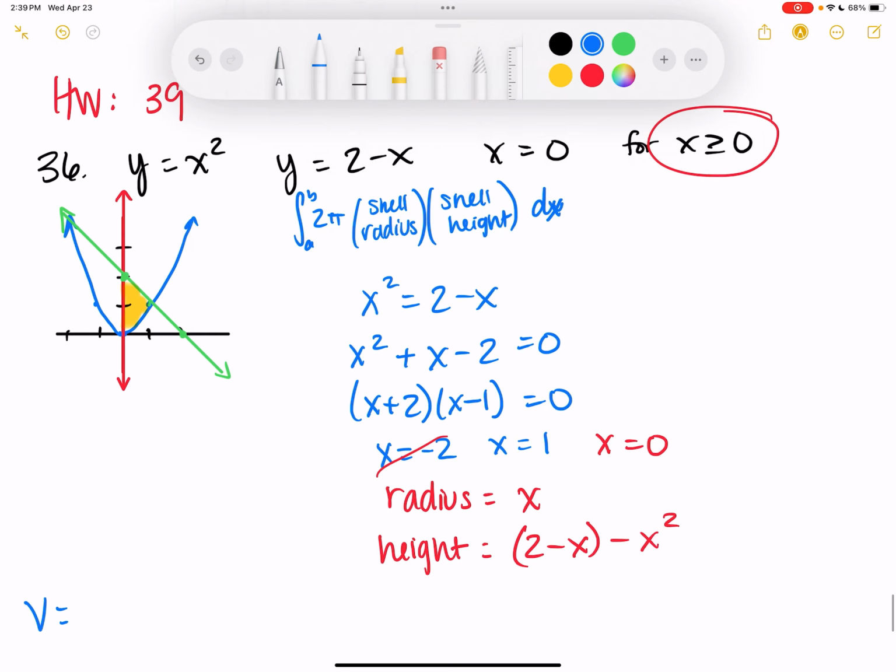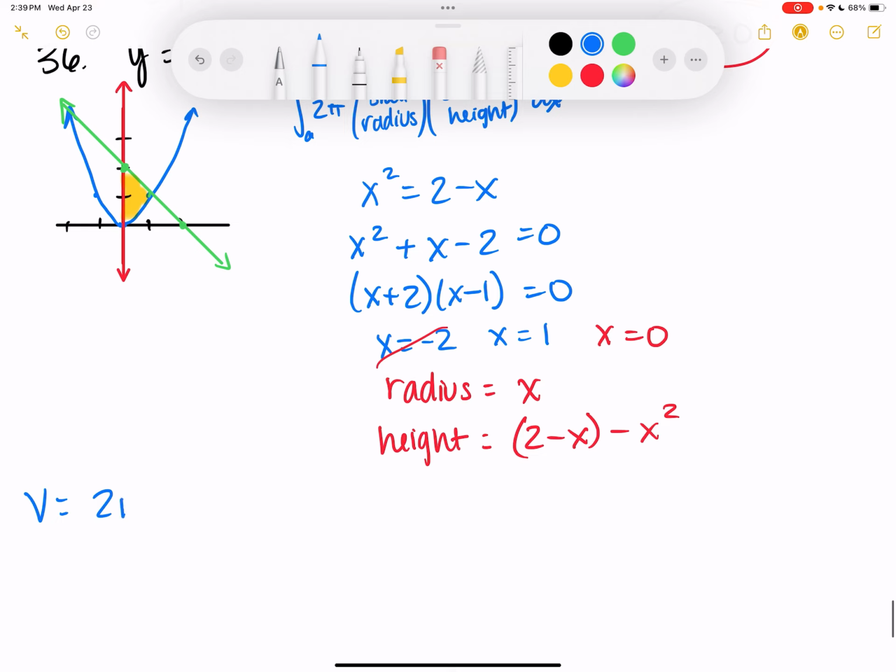I'm going to put it out front just because it's a constant. So 2 pi and then the integral from 0 to 1 of x, so that's the shell radius, times the shell height, which is 2 minus x minus x squared, dx.